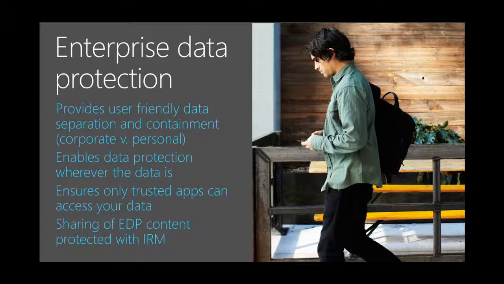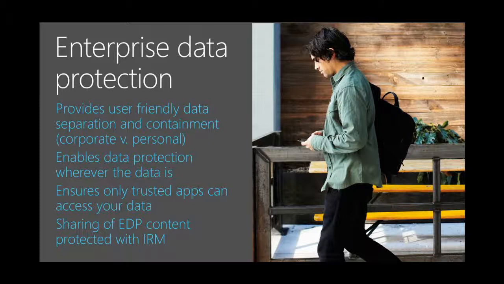It provides what we think is a user-friendly way of protecting data on the device. When you have what we call an enlightened application that knows about data protection, it's going to work more easily than with those applications that don't know about it.